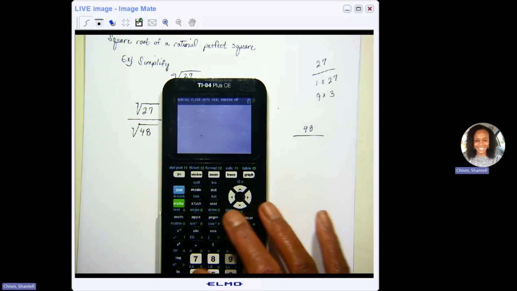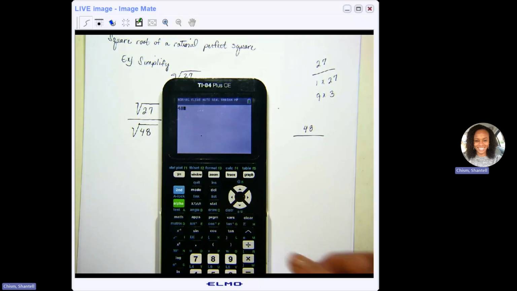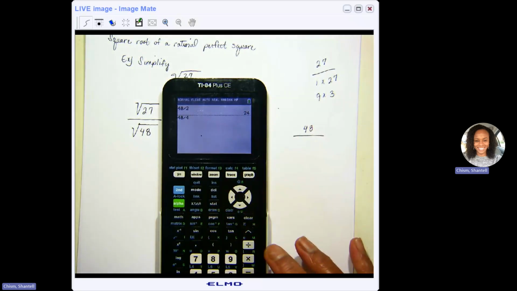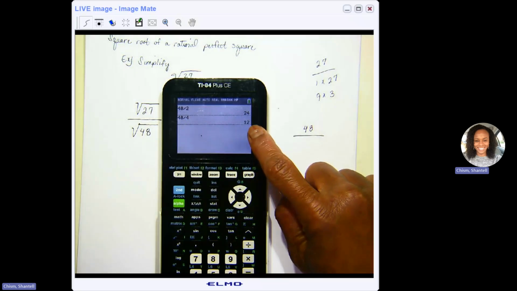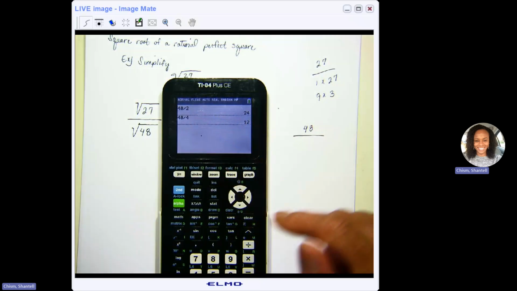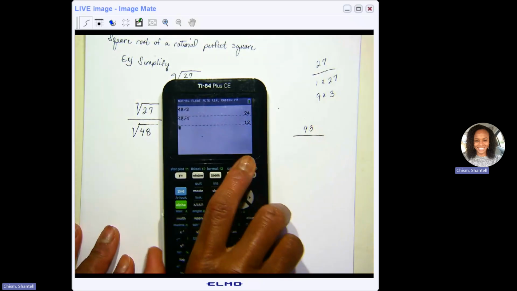Now, 48, I have options here. 48 is an even number. You can start off with 2. 2 and 24. Neither of those are perfect squares. So I'm going to keep going. I'm going to say 48 divided by 4. Well, 4 is a perfect square, but 12 is still divisible by 4, so that means there's a larger perfect square, even bigger than 4.